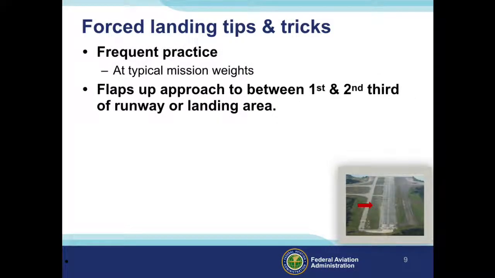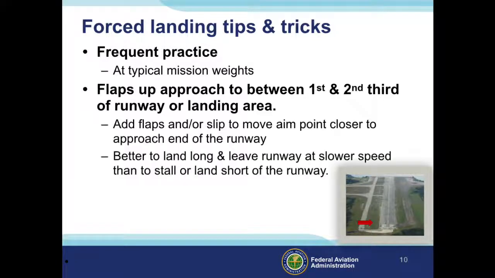Frequent forced landing practice at typical mission weights is an excellent way to maintain proficiency and peace of mind. Forced landing skills diminish rapidly over time, but with practice, you'll be able to consistently land on your chosen touchdown spot regardless of the wind. Some pilots choose a spot between the first and second third of the available landing area for an initial aim point.